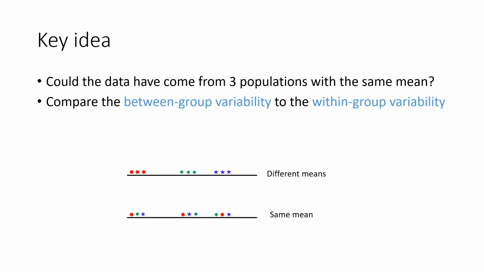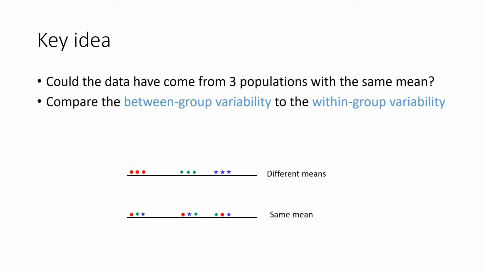For example, in the picture shown on top, we have 3 groups with different means. And the between group variability, that is the distance between the red circles, the green diamonds, and the blue stars, is much higher than the variability within each group, that is the distance between any 2 red circles, or between any 2 green diamonds.